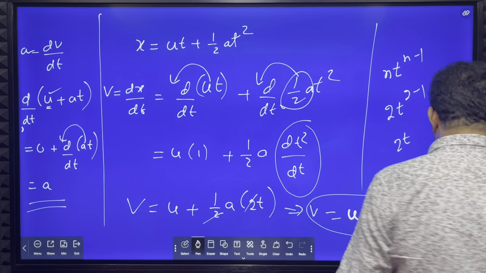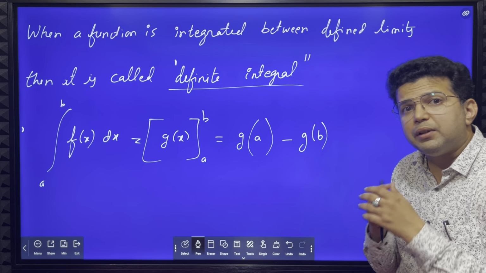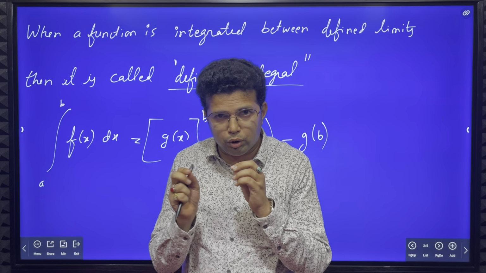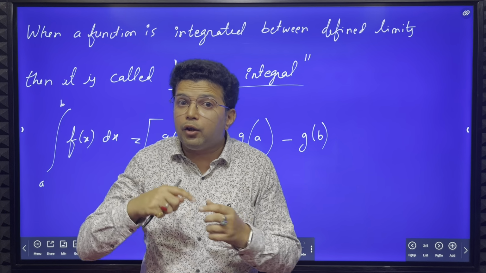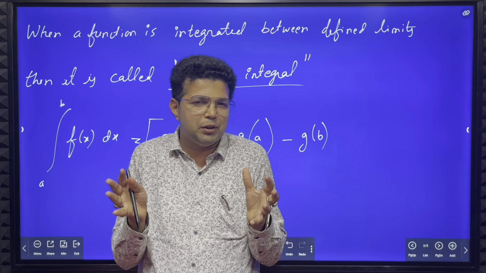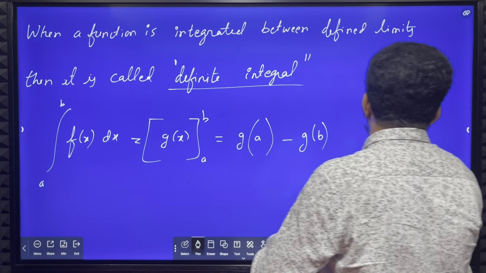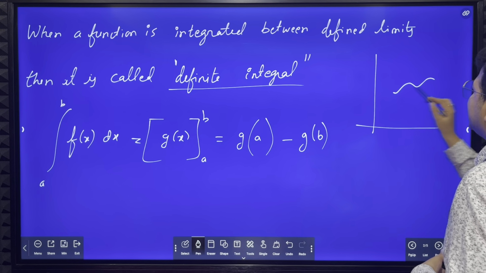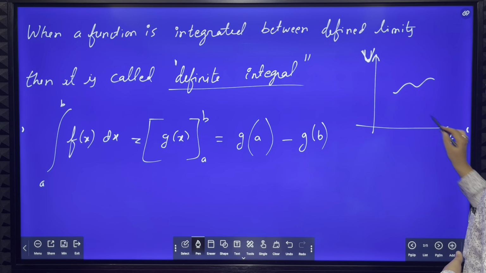Now we will see what if the limits are defined. In the first 2-3 examples of integration that we have studied, from where to where we have to add was not mentioned. Integration means you are adding a function. Say there is a curve, a VT graph. We know that area under the VT graph is equal to displacement.